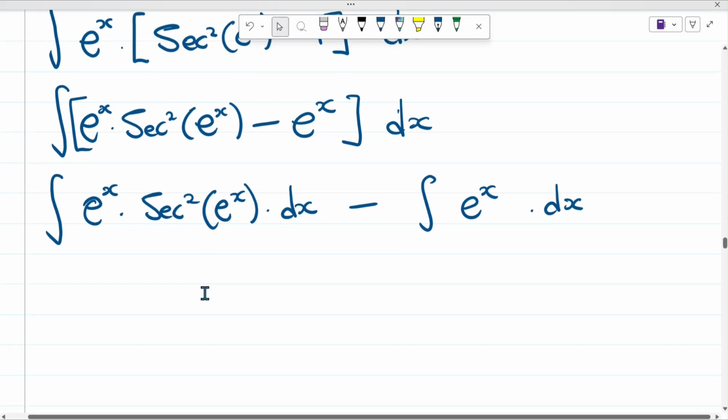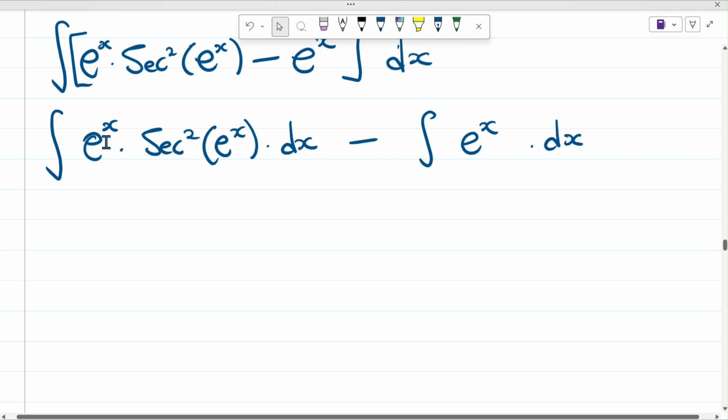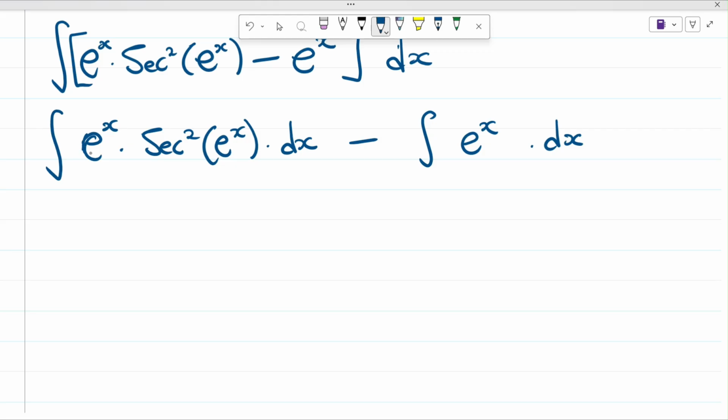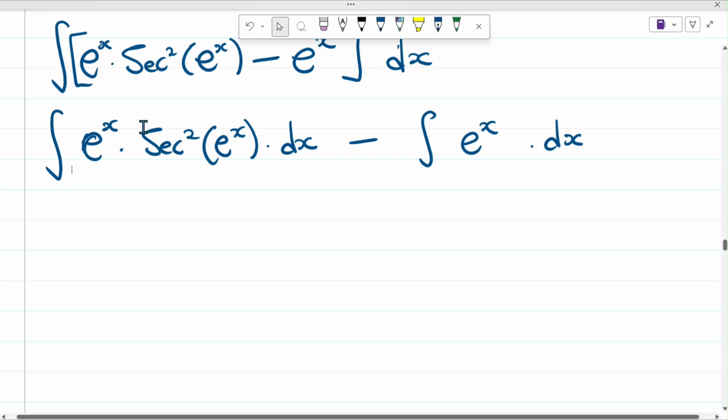Okay, so from here we have e to the power x, which multiplies sec squared of e to the power x dx, minus the integral of e to the power x. Remember, we need to make sure that we have the derivative of the argument next to the trig function. The derivative of e to the power x remains as e to the power x, right?